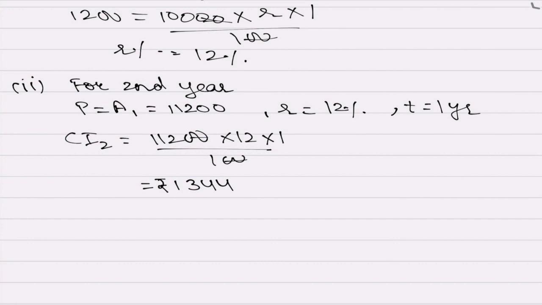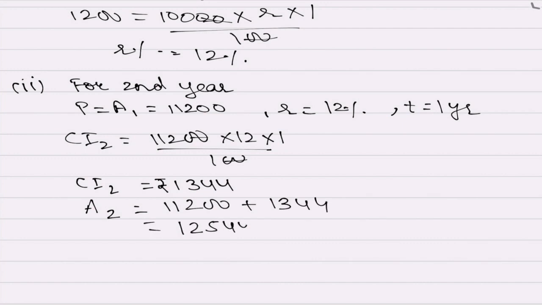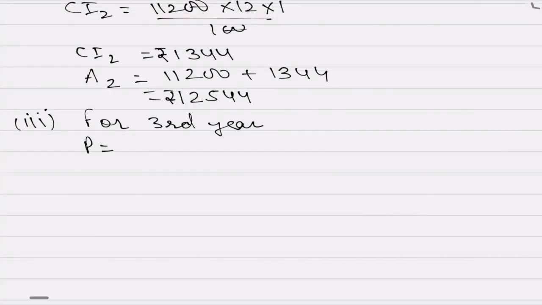Now the last part of the question is find the amount at the end of third year. For finding out the amount of the third year, first we have to find out the principal for the third year. Now we'll find out the amount in the second year, that is principal plus interest. So this is 12,544 rupees. For the third year, this amount will become the principal. Rate of interest is same, 12%.